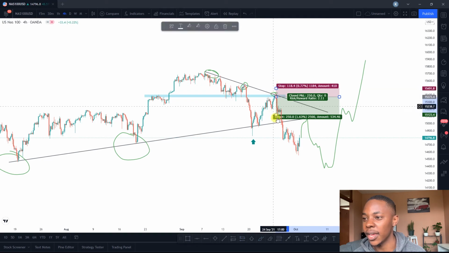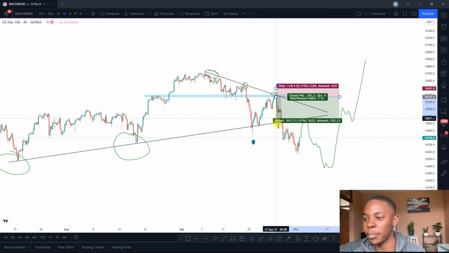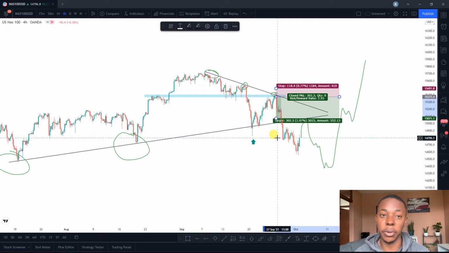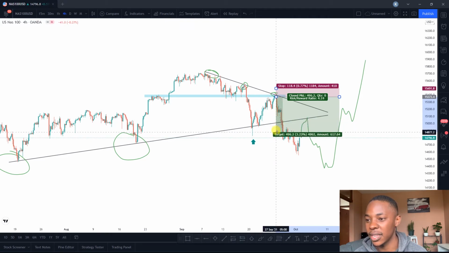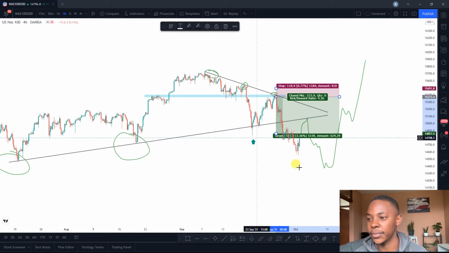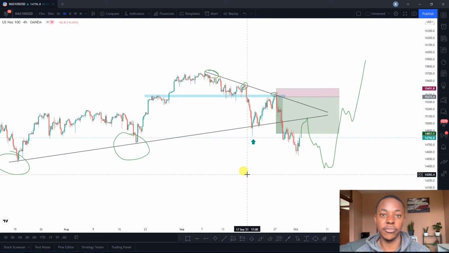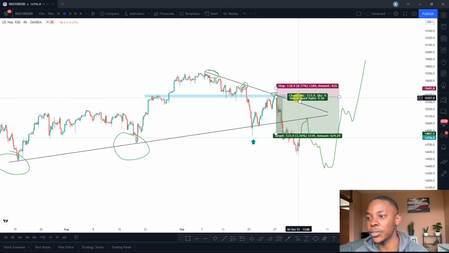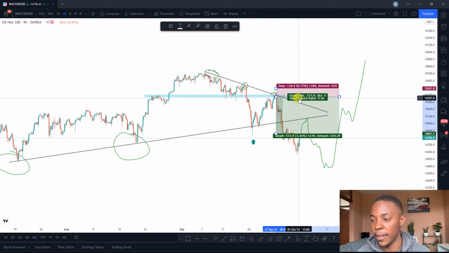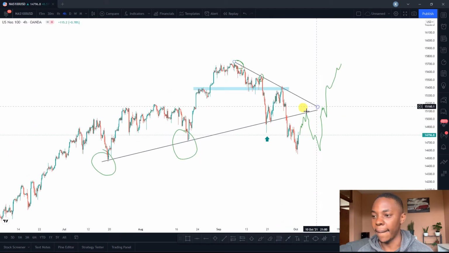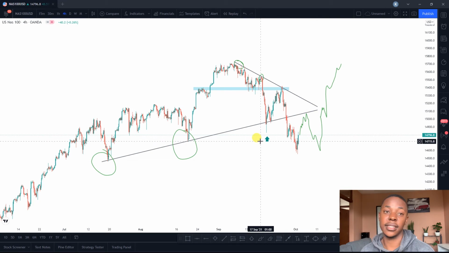Have your risk there and have your TP at the support, which is a possible pivot point, or you can just have it at this lower low here, depending on your trading style and your risk to reward. So yeah, that's what we have on Nas. That's how you draw trend lines. That's how we trade the trend line trading strategy.